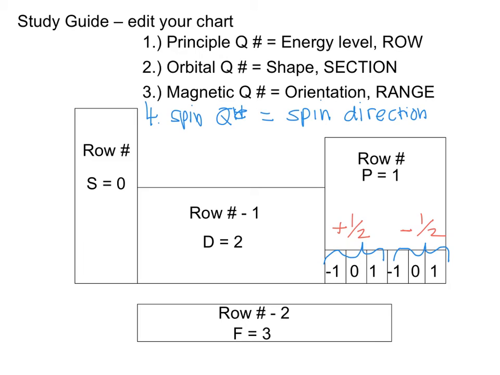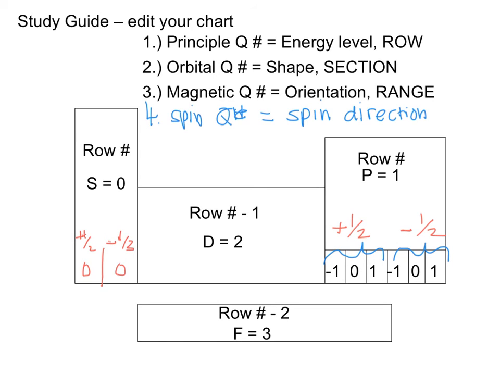So all of these first three, -1, 0, 1, are all going to have a fourth quantum number of positive 1/2. And then the second time through, they're all going to have negative 1/2. And that is the same in any section. When you are working through over here in the S's, you can have 0 or you can have 0. And the first time is going to be positive 1/2, or it's going to be negative 1/2.